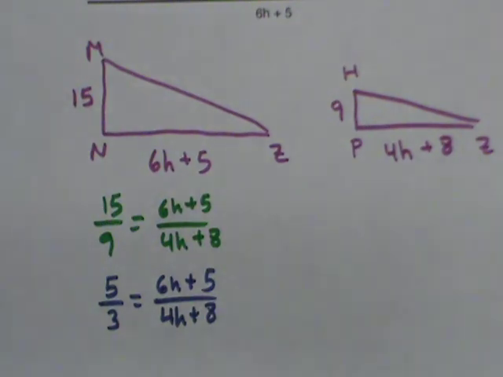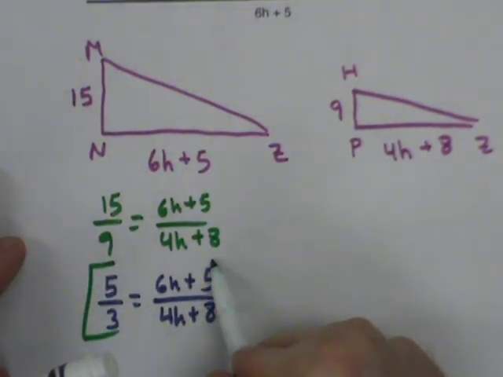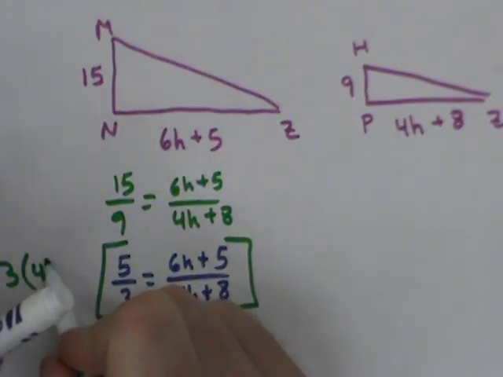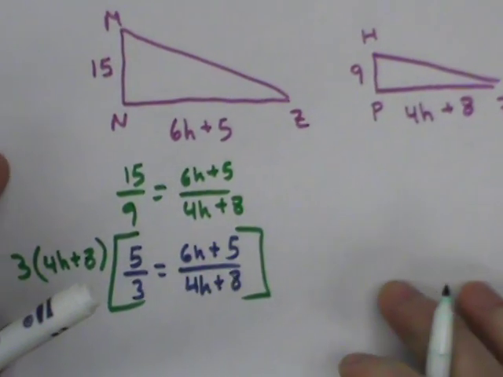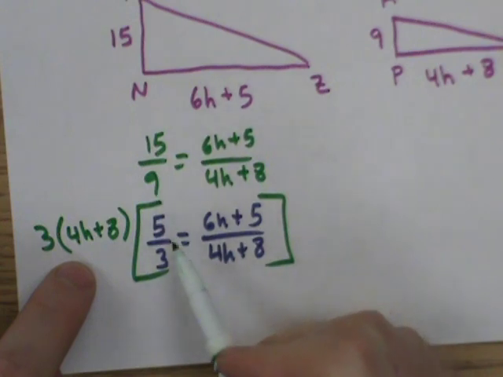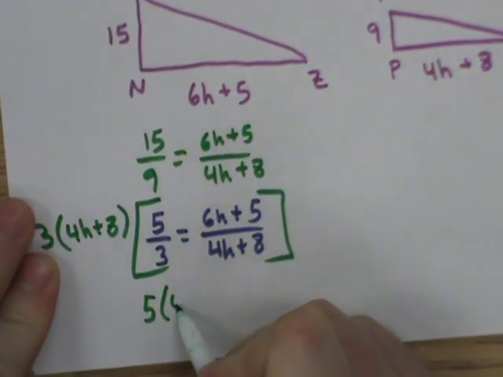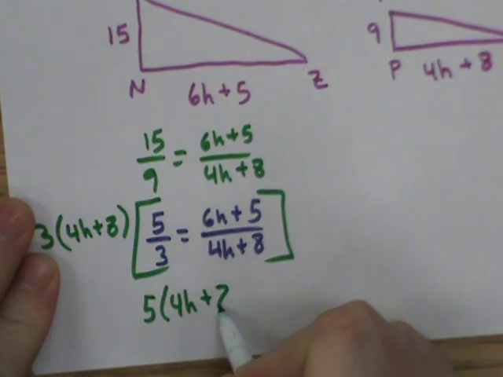Now as I solve this, I'll multiply by my common denominator. Common denominator is 3 and 4h plus 8. Distribute to the first fraction. The 3's could cancel out. This would give me 5 times 4h plus 8.